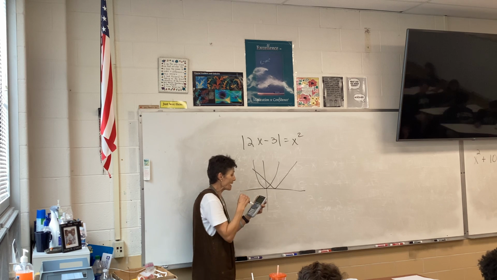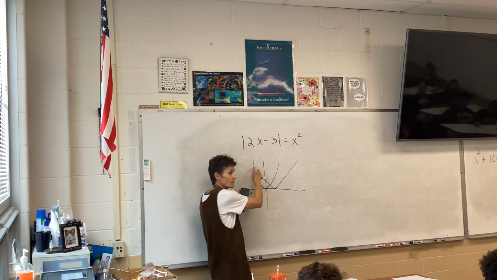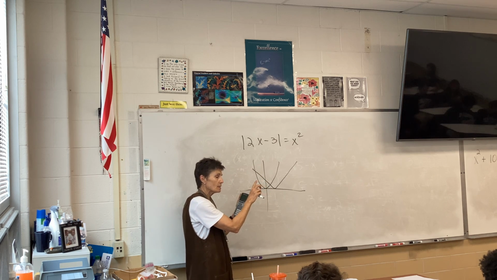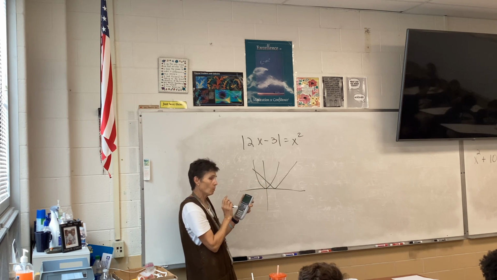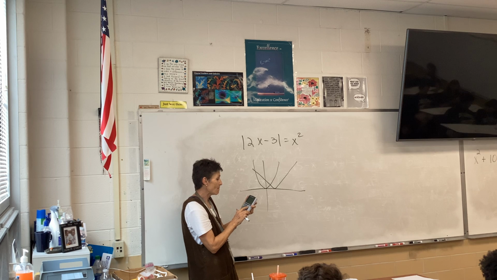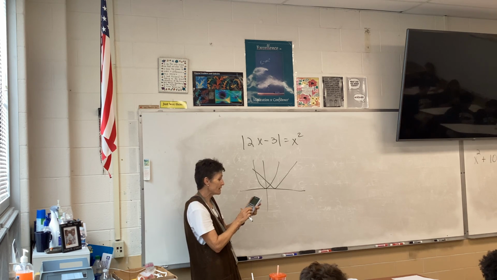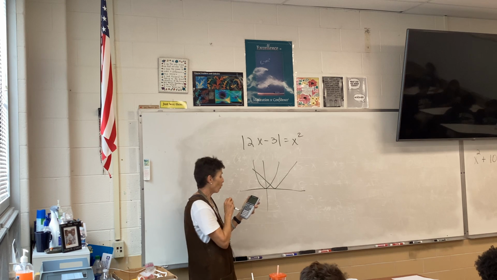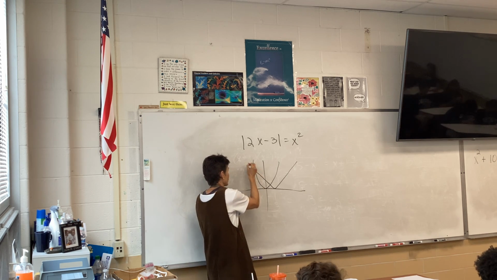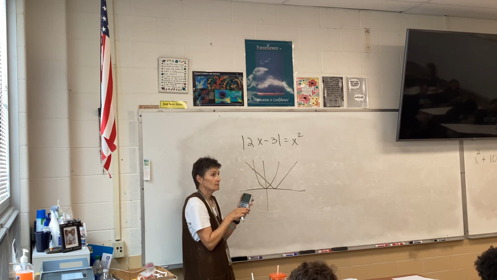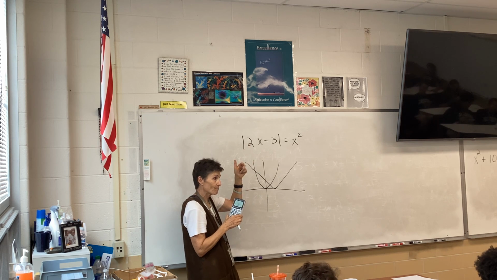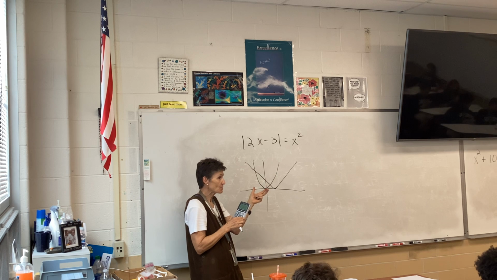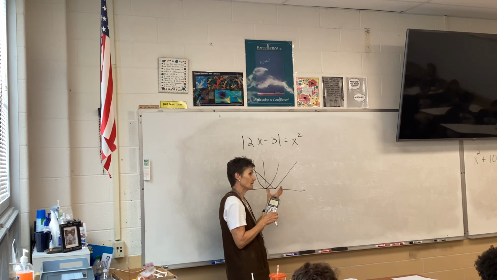The way I have mine set up, this point up here is a little bit fuzzy. So if you want, you can go back to window and make Y max maybe 20. And then when you graph, it'll be more clear. You'll have a picture that looks more like this. So I took my graph up higher. That isn't necessary to find your answer, but sometimes it helps to have a clearer view.